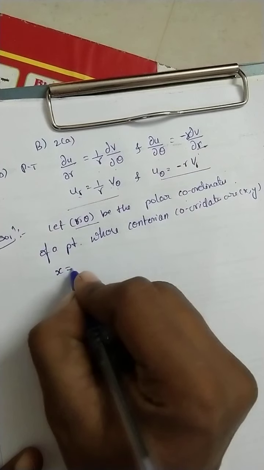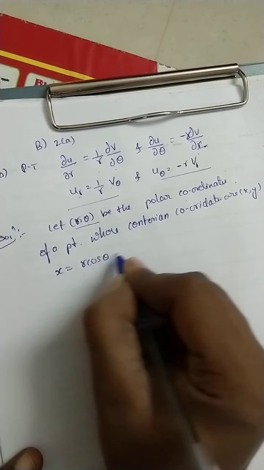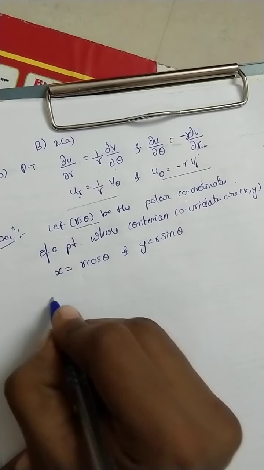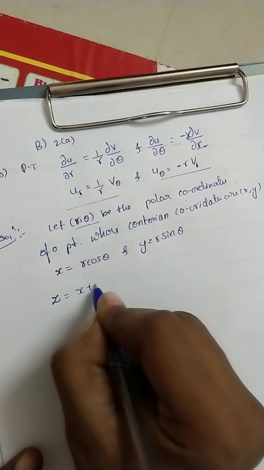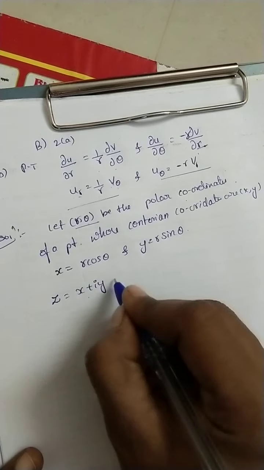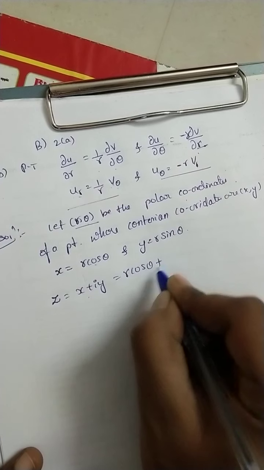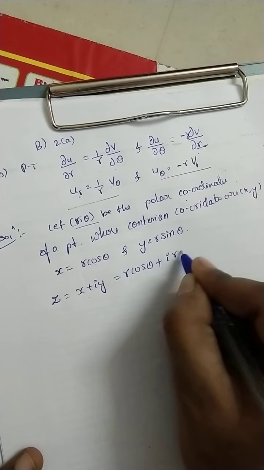So we can consider x equals r cos θ and y equals r sin θ. Since this is a complex number, z equals x plus iy, so we replace x and y with these parts: r cos θ plus i times r sin θ.